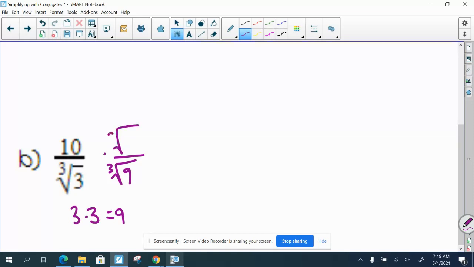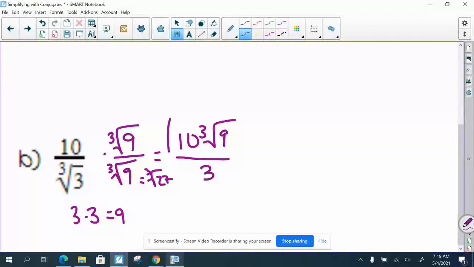So you want to just basically make it into a perfect cube, or a perfect whatever the root is. So we'll have 10 cube root of 9 divided by the cube root of 27, which is just 3. So that would be that answer simplified. So we don't want radical expressions in the denominator.